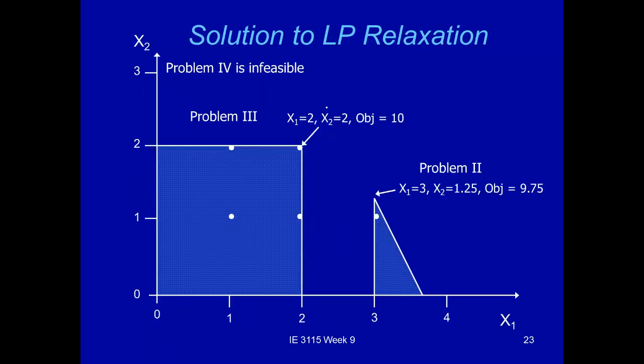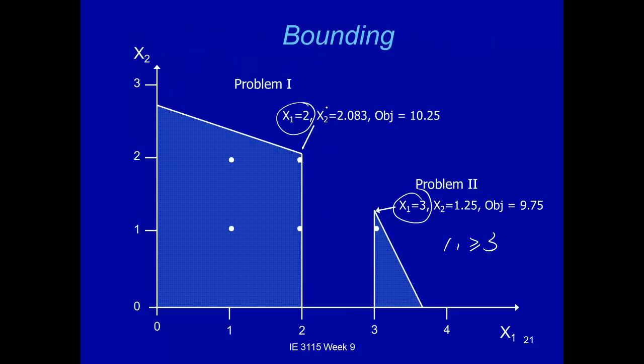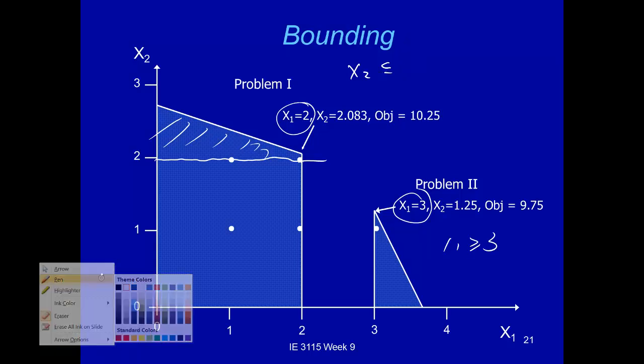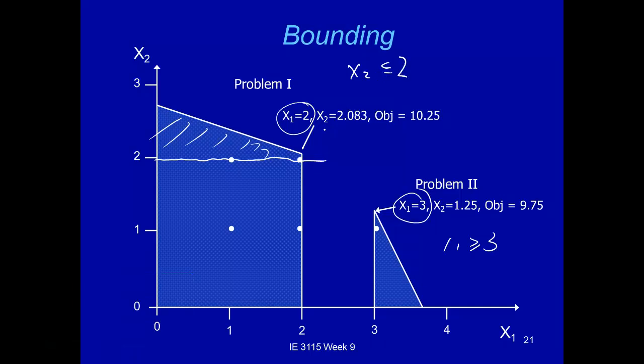Like this. So you cut this part, right? By adding what kind of constraint? x2 is less than or equal to 2. x2 less than or equal to 2. So this x2 value is 2.083.